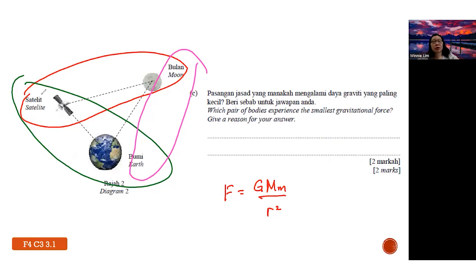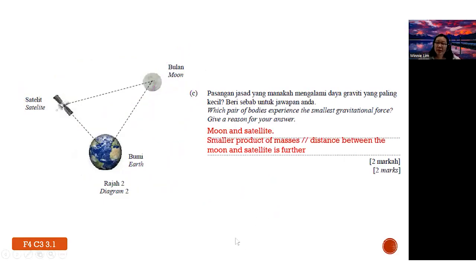Of course, satellite and moon will have the smallest mass. Hence their force will be the smallest. So you just give the answer as moon and satellite, because smaller mass is produced by both objects. Yeah, so this is for question 2.